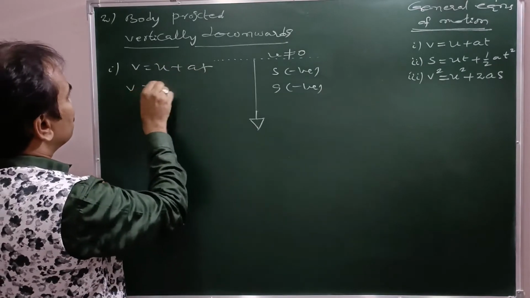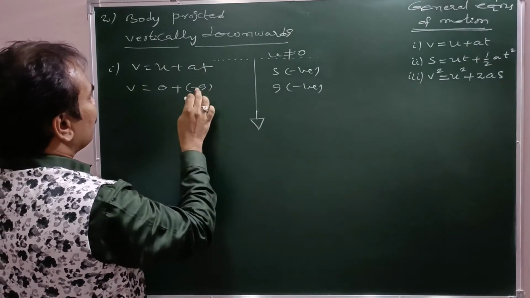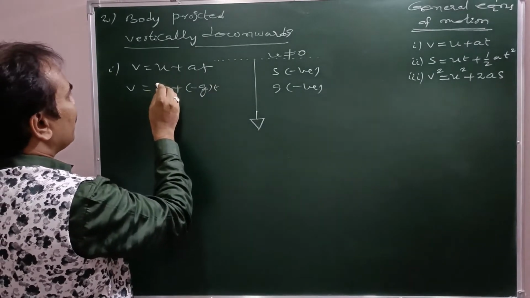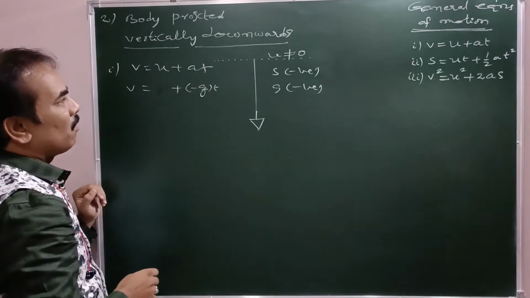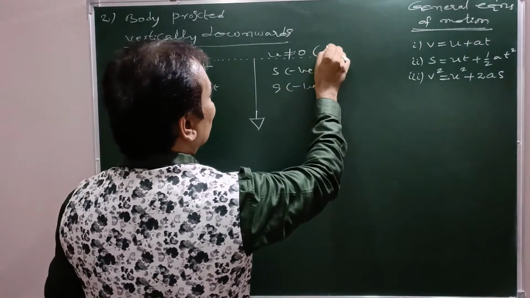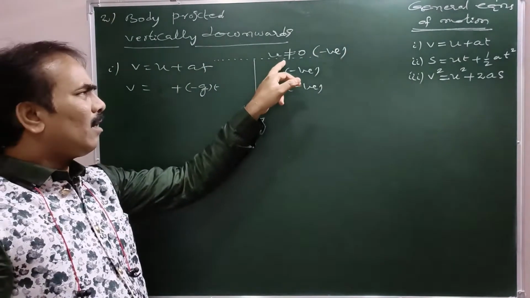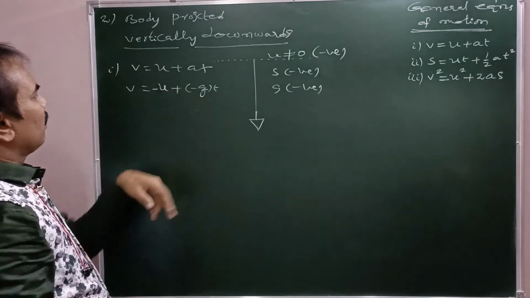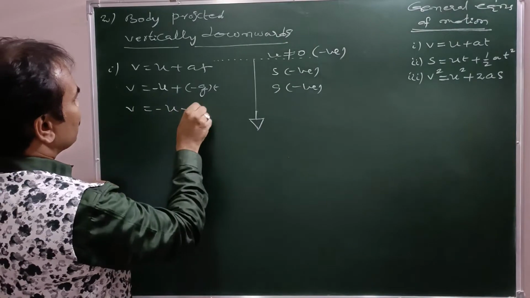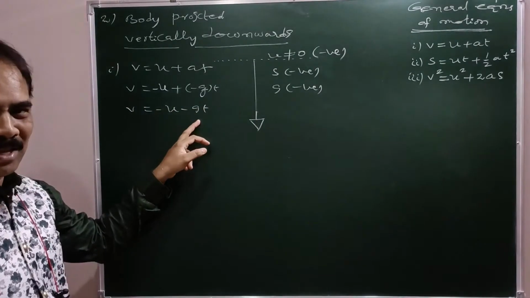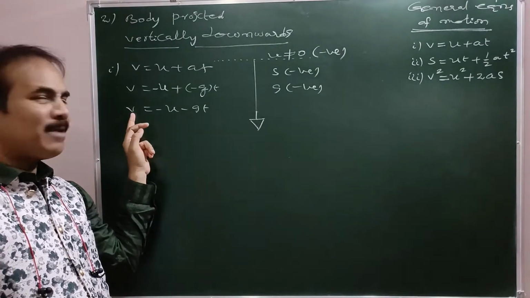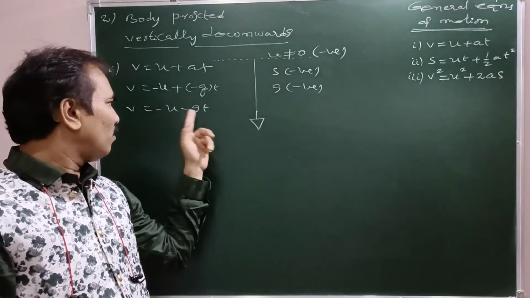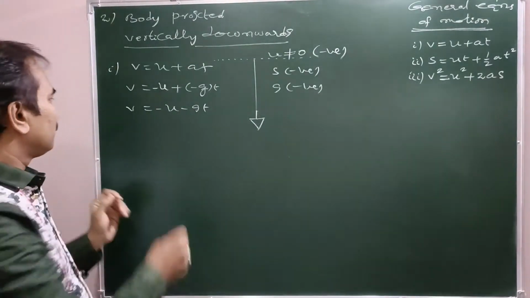Here a means minus g, and t is always positive. u is not equal to 0, and it is downwards, so non-zero but negative, so minus u. So v equals minus u minus g t. Both terms are negative, so v is ultimately negative. The instantaneous or final velocity comes with a negative sign.